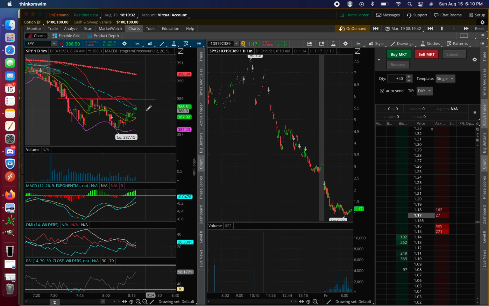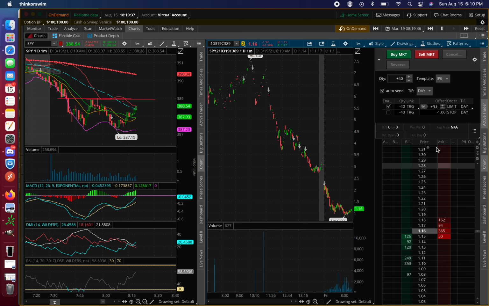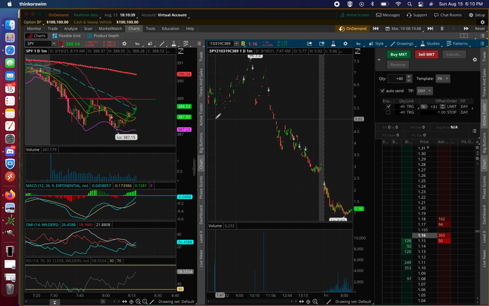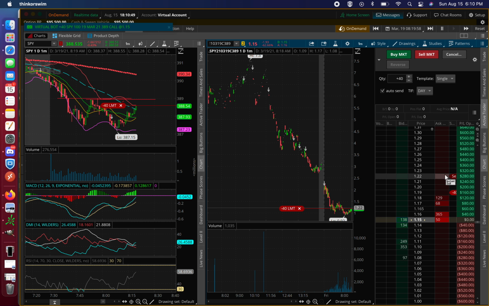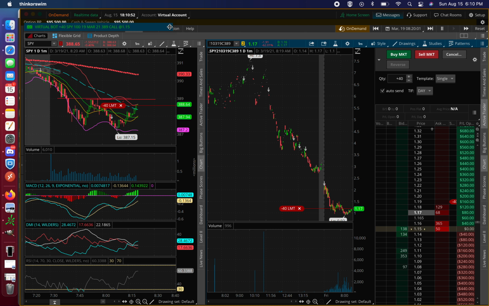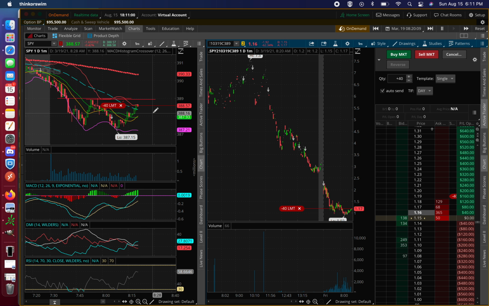If you're looking for a 3% trade, let's do 3%. From here to this resistance, that would easily give you a 3% trade. So let's go ahead and try that and see what happens. Just bought 40. This isn't a real account. This is a paper money account.